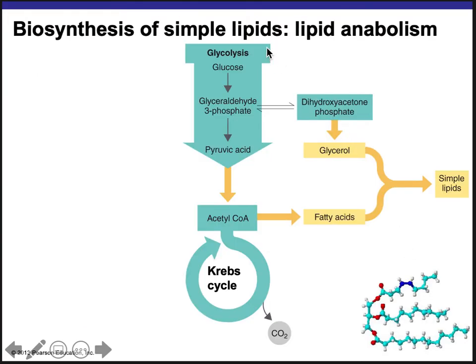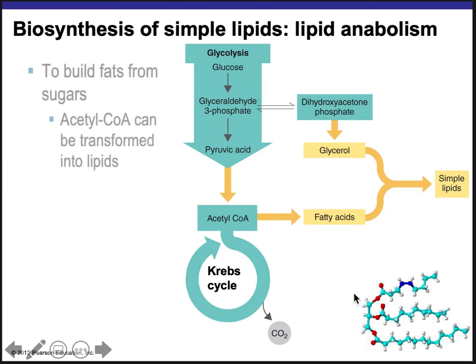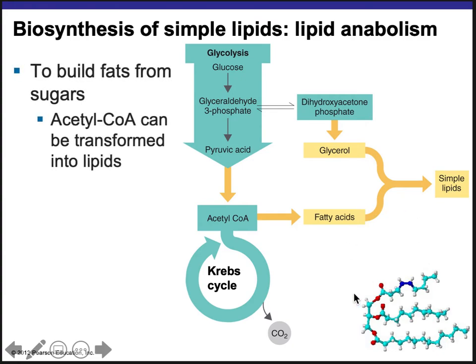If we need to make lipids, we can also take from glycolysis and the intermediate step and make glycerol and fatty acids. To build fats from sugars is the idea, right? Because you're taking glycerol from glycolysis, you're taking pyruvic acid to make fatty acids, okay?